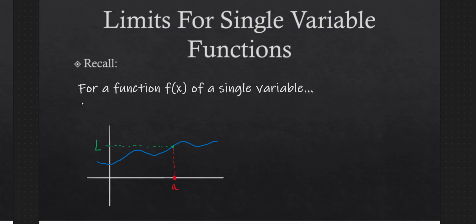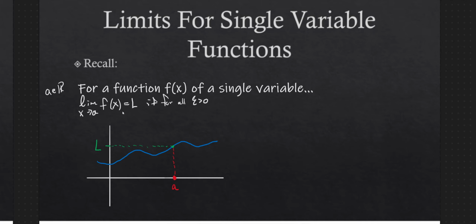Right, remember that we say limit as x approaches a, so this is for a real number a, limit as x approaches a of f of x is equal to L if for all epsilon. And so I'm going to give you the rigorous definition first. I'll remind you of this rigorous definition if you even encountered it in Calc 1, and then we'll talk through what it means so we can understand it at a higher level in more dimensions.